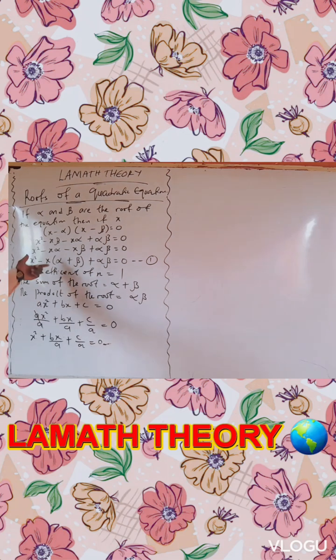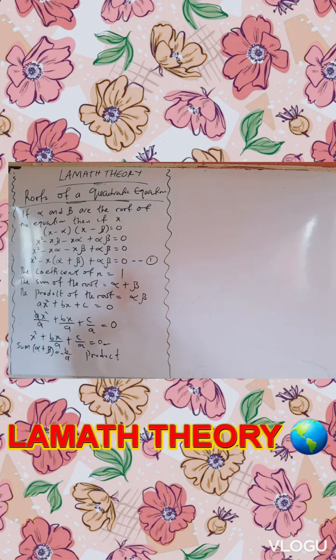Now I will come back to this. So I will say my sum, which is alpha plus beta, equals this. Are we together now? Equals this, which is b over a with a minus here, so minus b over a. So we have our product.